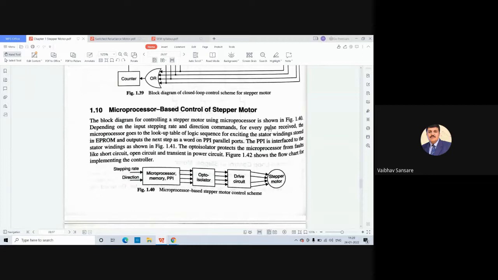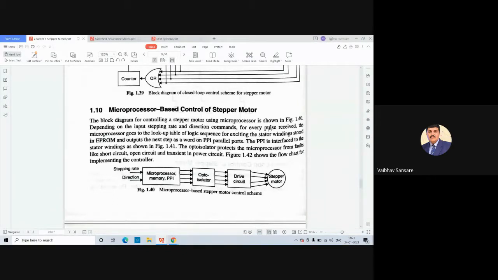Each and every power semiconductor device has its own driver circuit. This driver circuit is excited with the logic sequence generated by the microprocessor, and accordingly it will excite the particular stator phase.